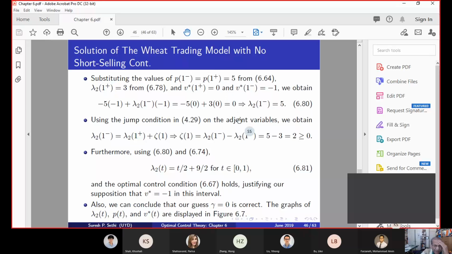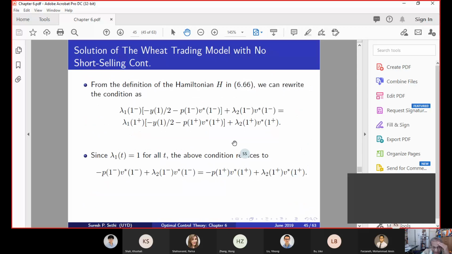Anyway, I'm substituting these values. When I substitute these values, I get lambda 1 minus equal to 5. Using the jump condition, I have zeta 1, which is the jump, equal to 2.